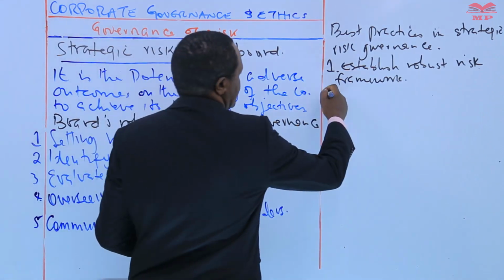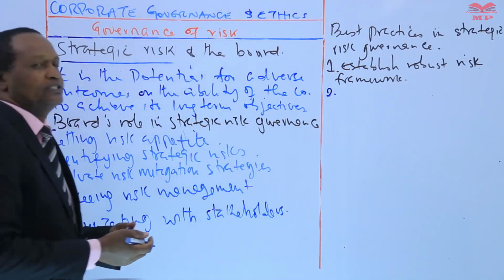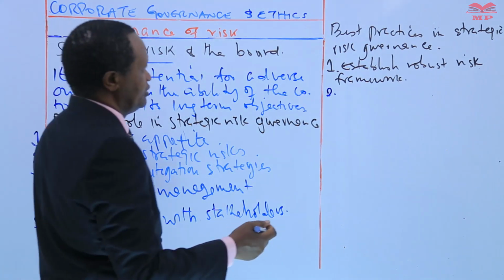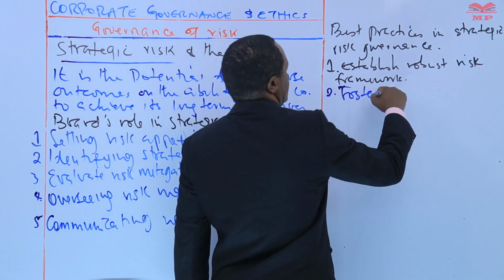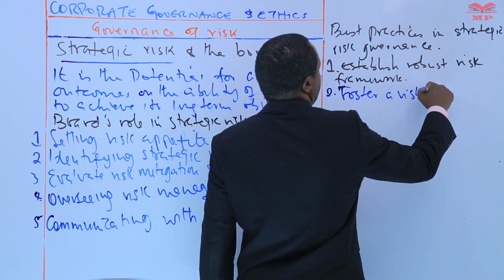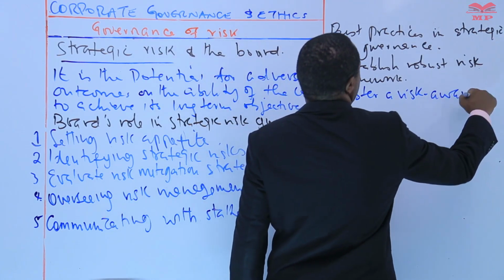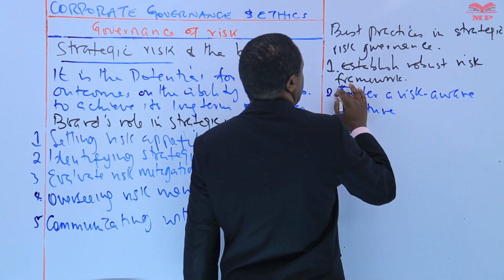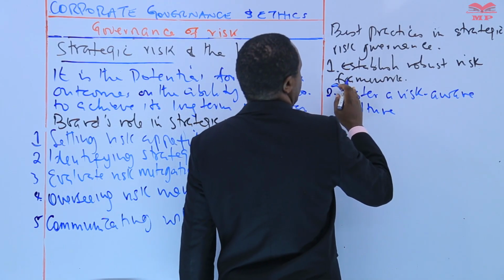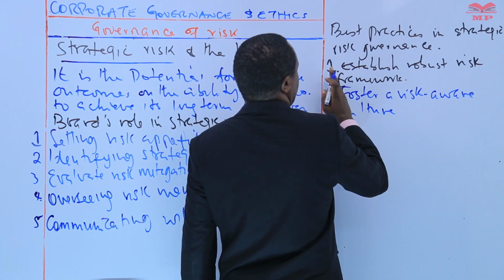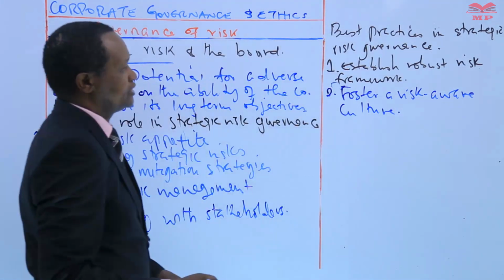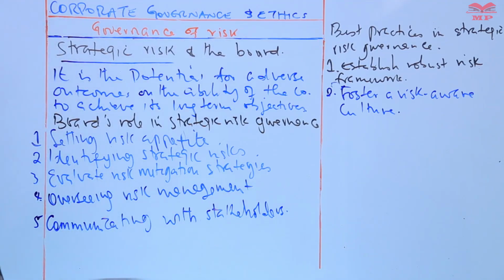The second best practice is to foster a risk-aware culture. The board should foster a risk-aware culture.